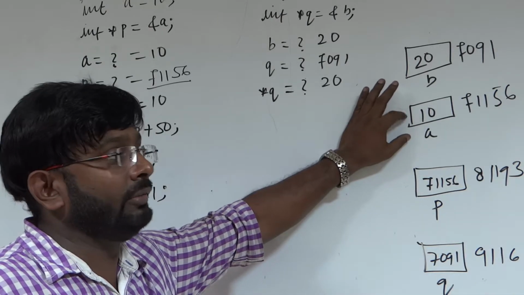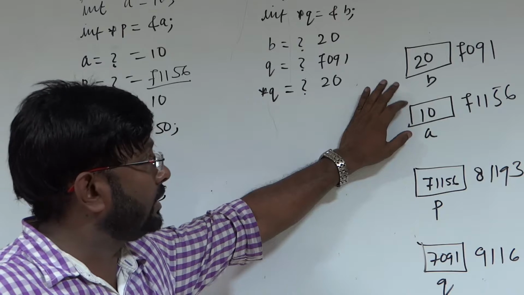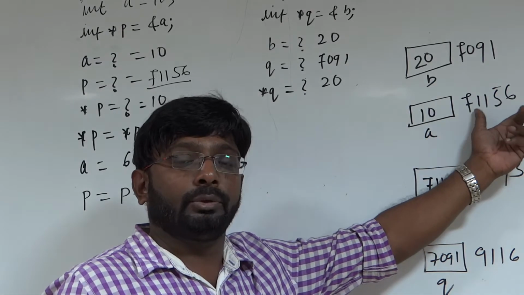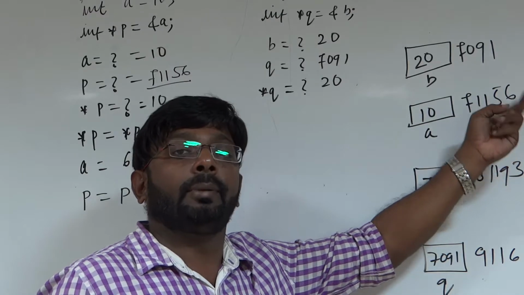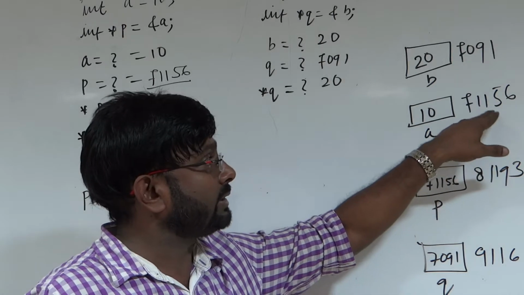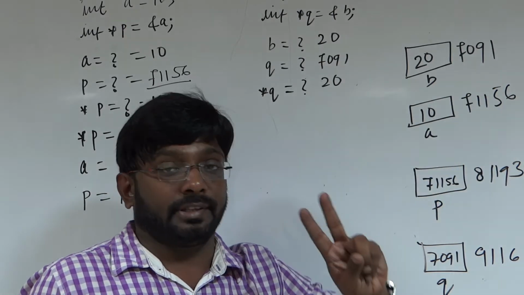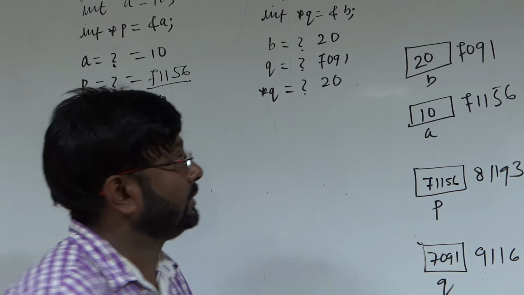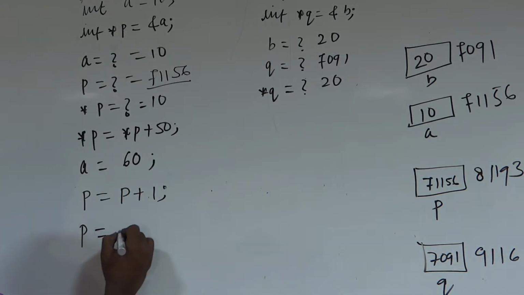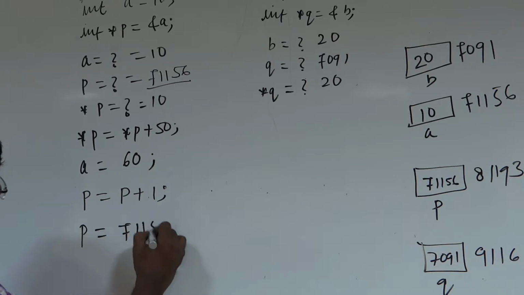So when we add 1 to this address, it will be increased by 2, because this has already reserved 2 bytes for itself. So in this case, what will be the value of p? 71158.